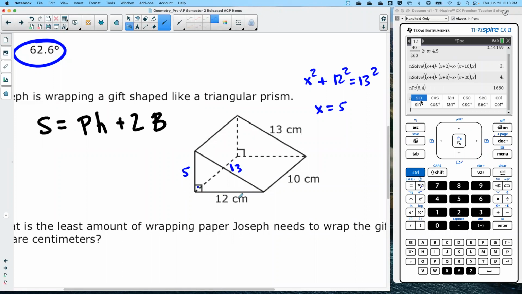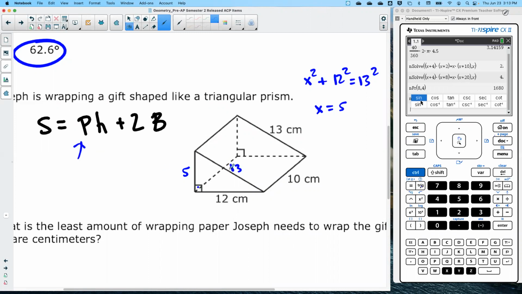All right, so let's find the area of the base. It's a triangle. 30. How'd you get 30? You just add 12, 13, and 5. Wait, the area for the base? Oh, you're doing perimeter. I'm sorry, perimeter.